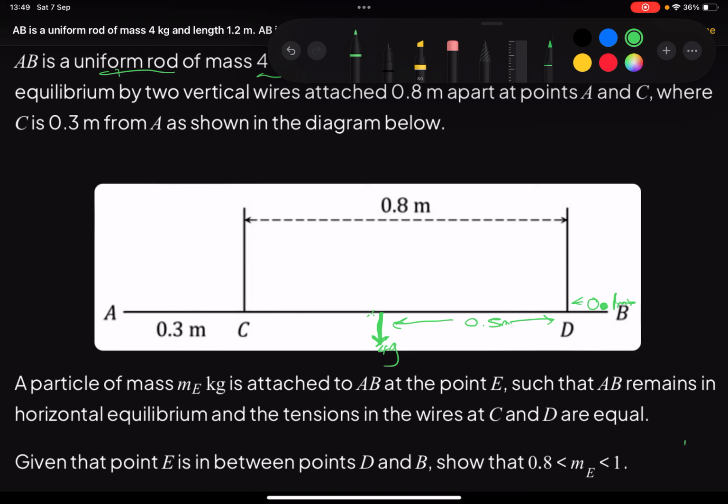Given that the point E is between points D and B, show that 0.8 is less than m, and m is less than 1. So in other words, it's between 0.8 and 1.